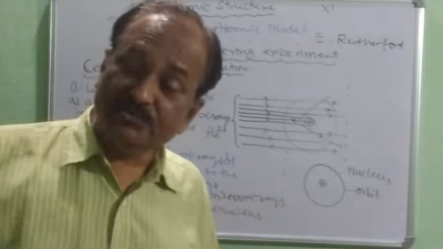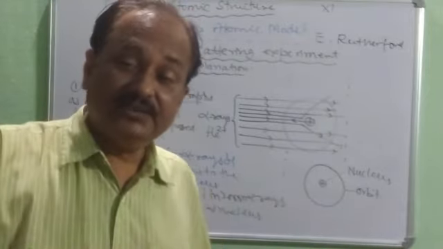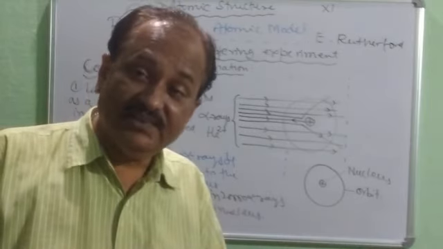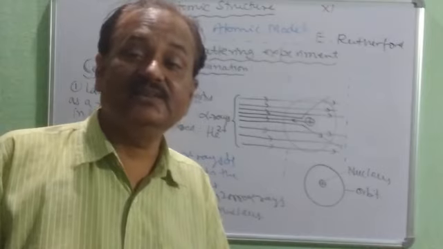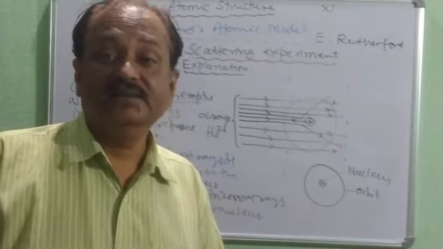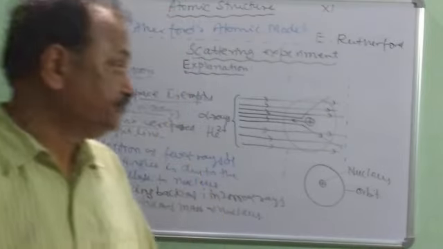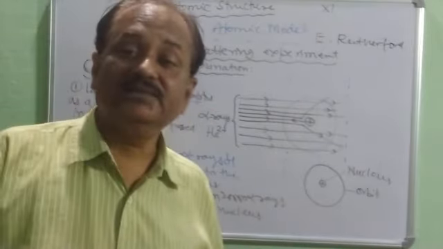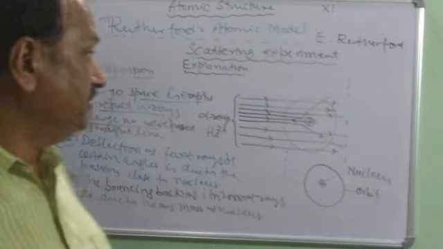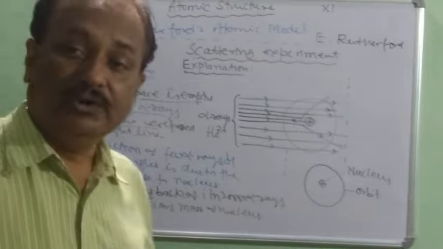Orbits are circular paths. He said that the mass of an atom is concentrated in the nucleus, and the nucleus has protons and neutrons. Around the nucleus there are circular paths called orbits. So this is all about Rutherford's atomic model.